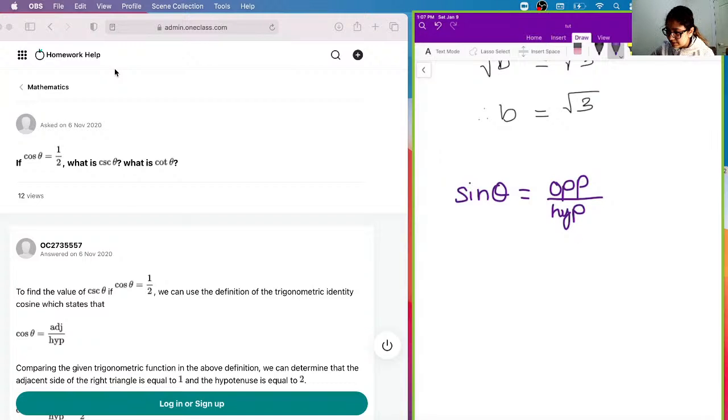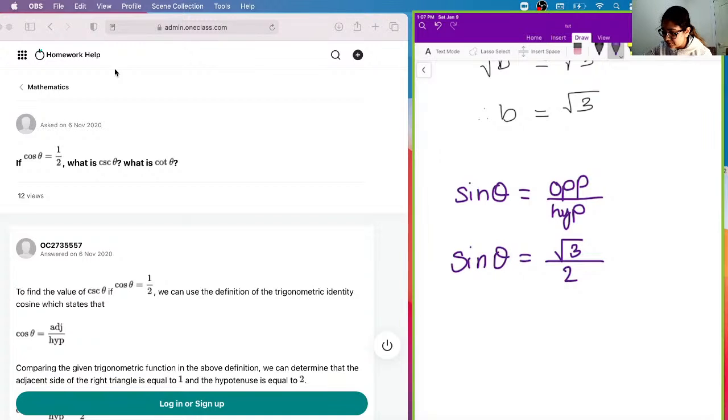So we can now determine the value of sine theta. Our opposite side, as we just found, is root 3, and our hypotenuse is still the same. So our ratio of sine theta is equal to root 3 over 2.